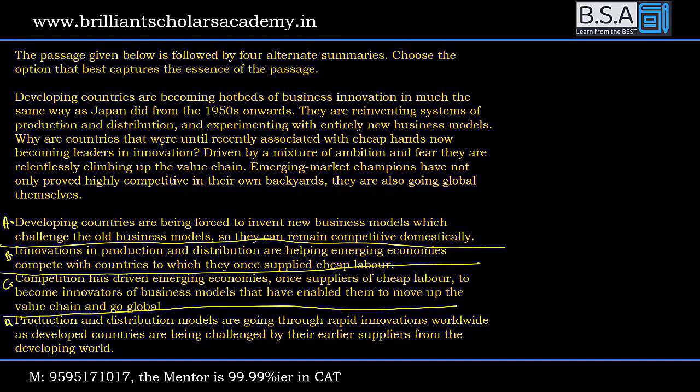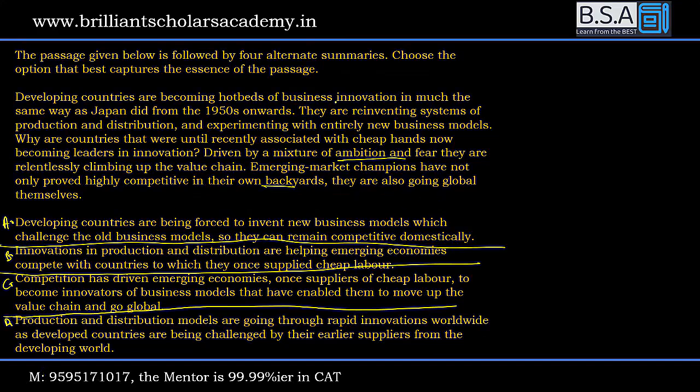Why are countries that were until recently associated with cheap hands now becoming leaders in innovation? Driven by a mixture of ambition and fear, they are relentlessly climbing up the value chain. Emerging market champions have not only proven highly competitive in their own backyards, they are also going global themselves.